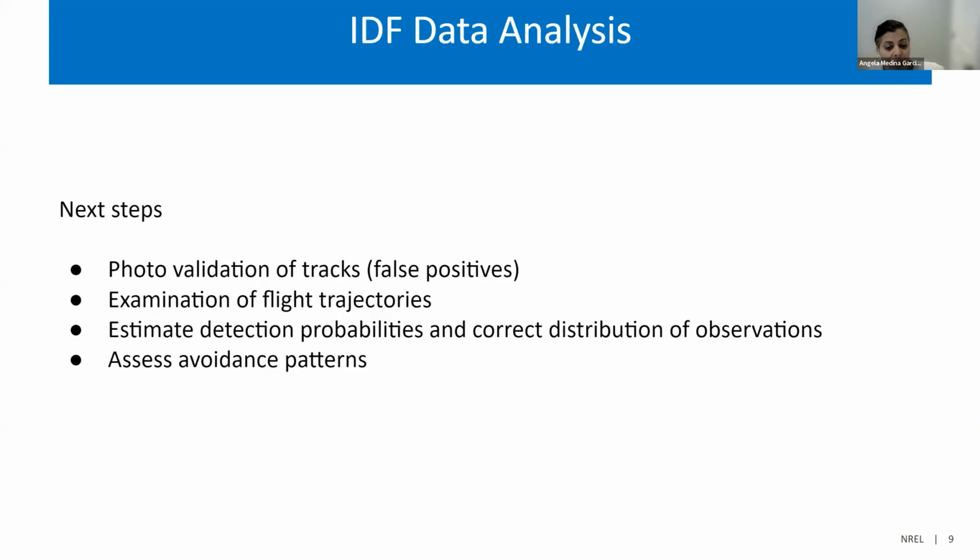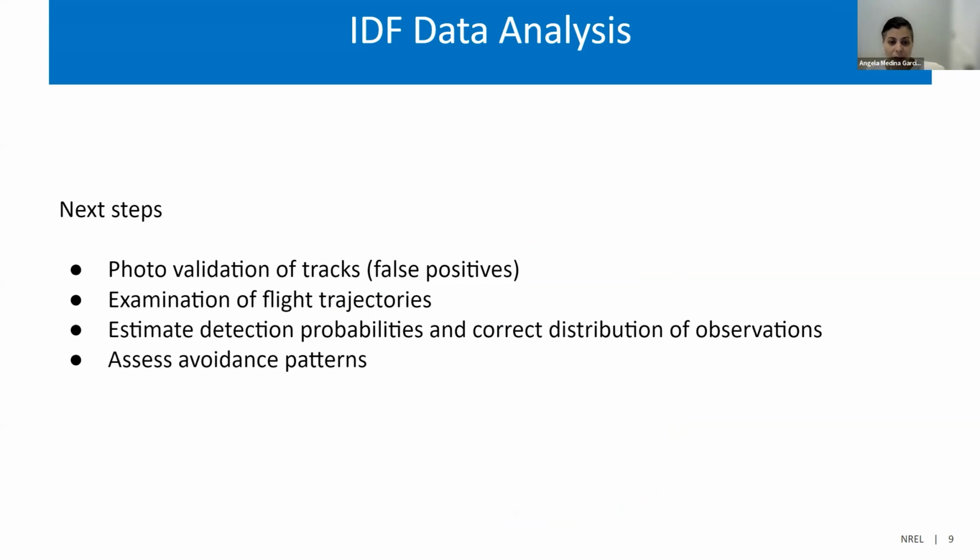As next steps, what I showed you so far was all the detections by the IdentiFlight towers. So we need to validate our tracks using photos that were taken by the IdentiFlight towers, so we can filter out false positives.